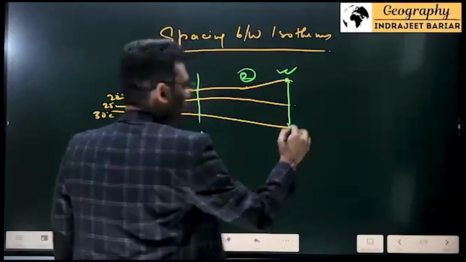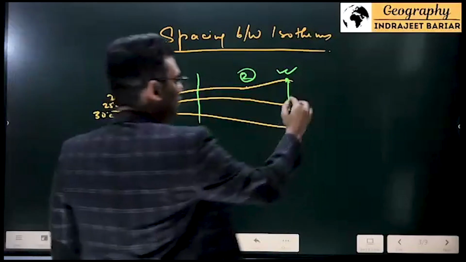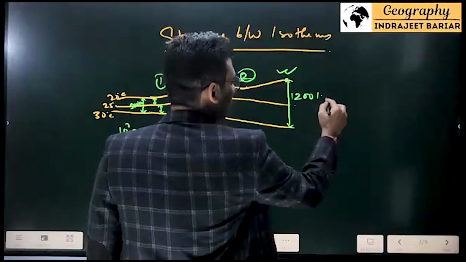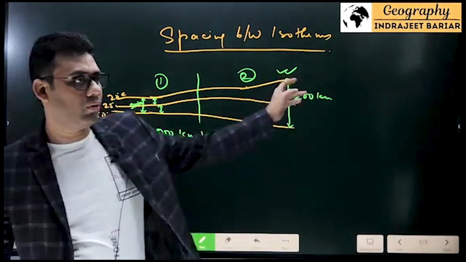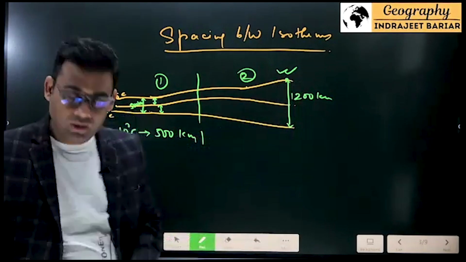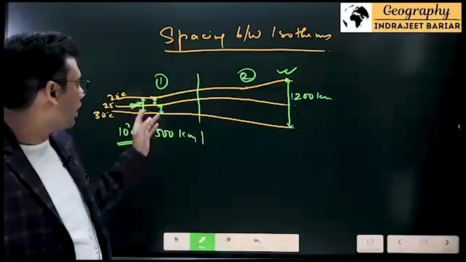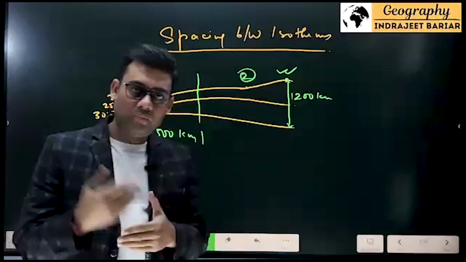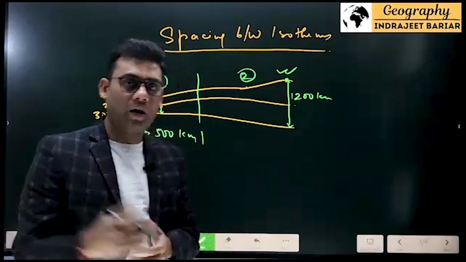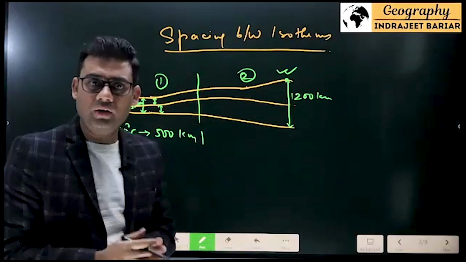This distance now, if you see, let's say, is 1200 kilometers. So same change in temperature, but over 1200 kilometers. Which means that if the isotherms are closer to each other, then the temperature change with distance is very rapid.